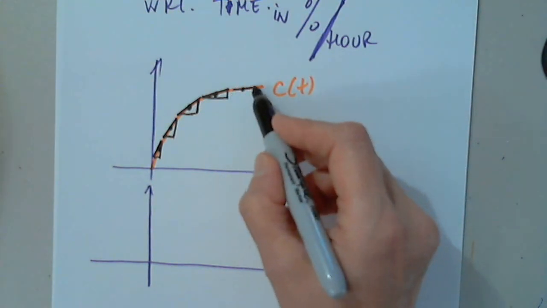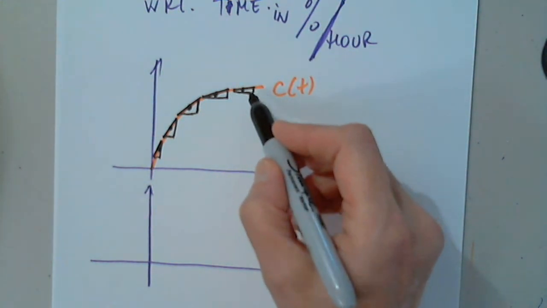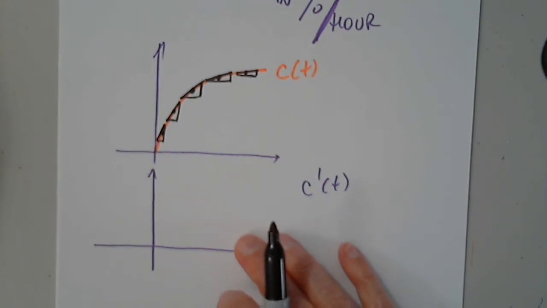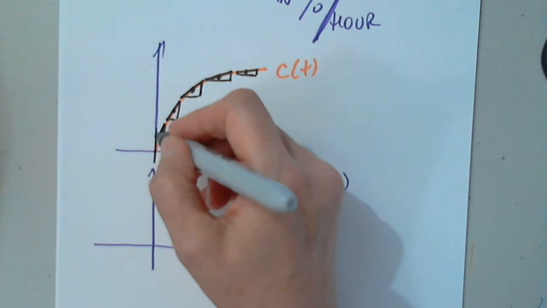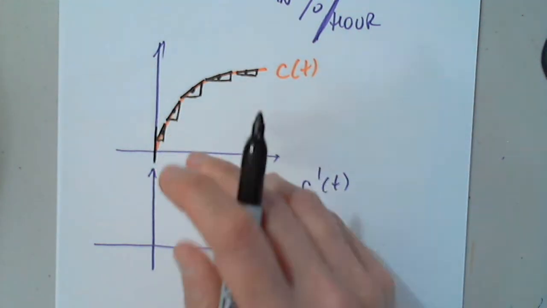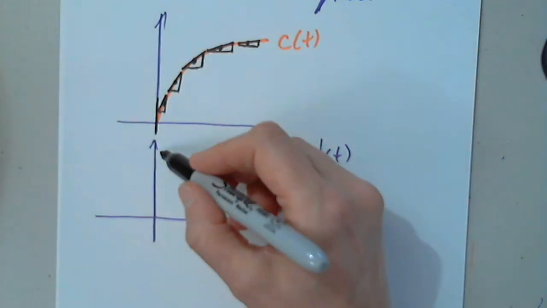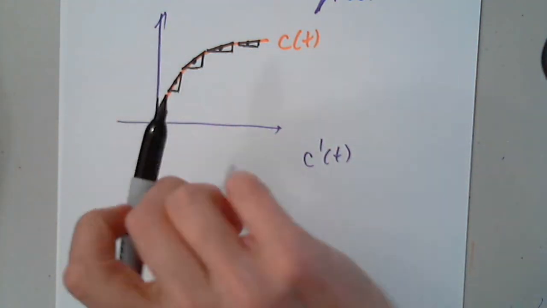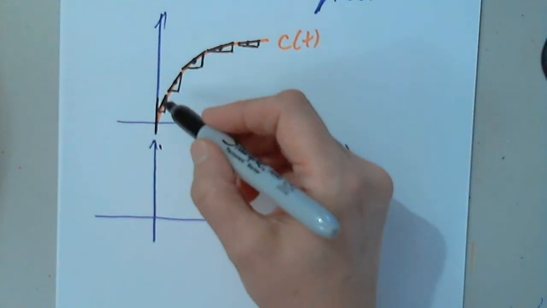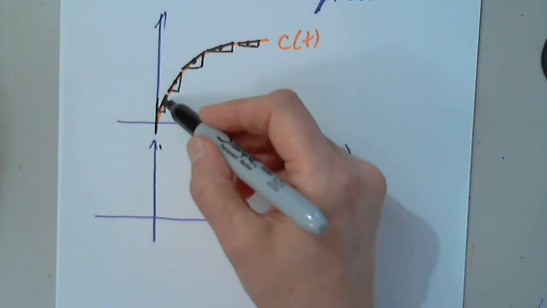And at this point, I see something like this. So remember what we discussed with this point. Undefined. Vertical tangent.